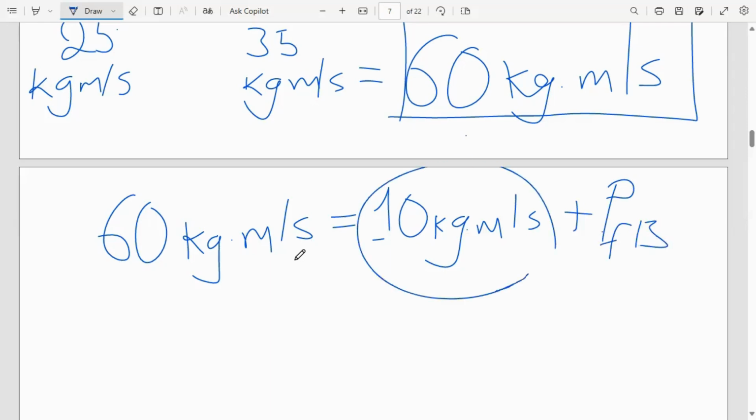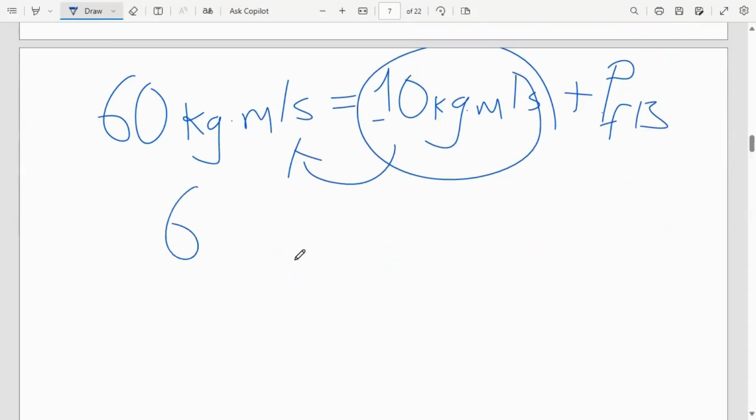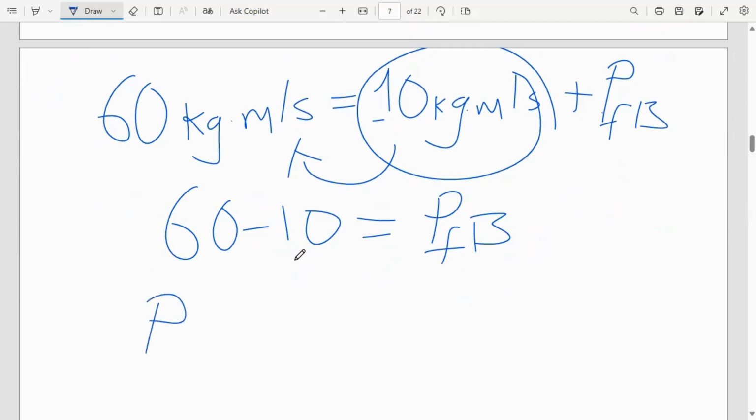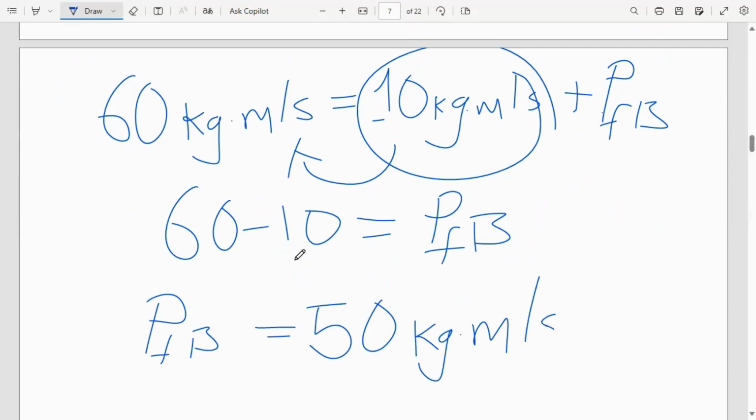So we can take the 10 to the other side of the equation. We have 60 minus 10, which will be equal to the P final of object B. That means the final momentum of the second object will be equal to 50 kg·m/s.